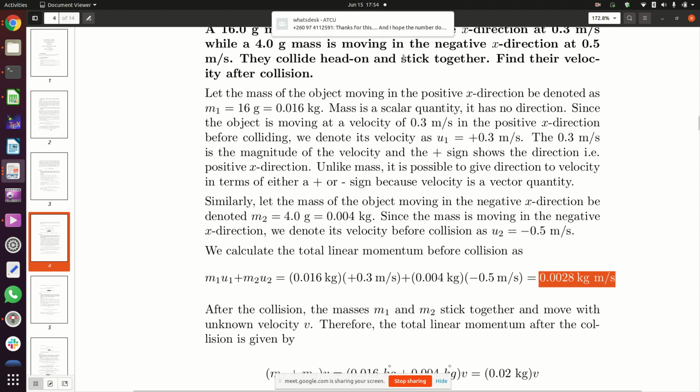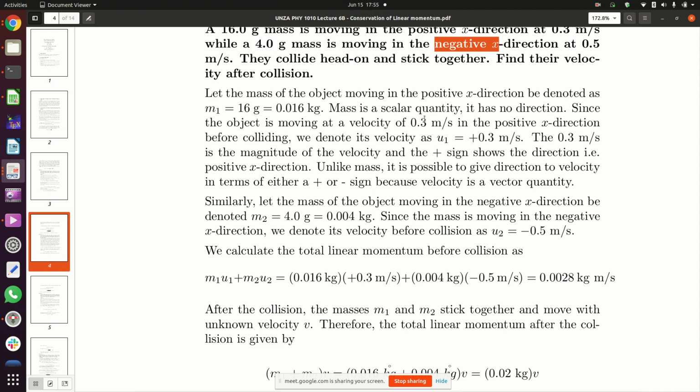This negative direction here simply means opposite. I can tell you an object is moving in this direction, the other object is moving in the opposite direction. If I say opposite or negative, it means the same thing. So sometimes you might find negative being used, or you might find opposite being used. Are we clear? Negative and opposite, they mean the same thing.